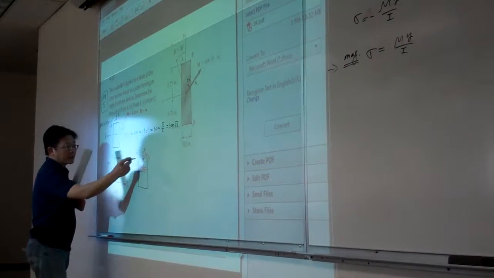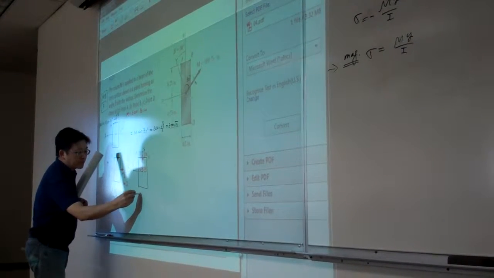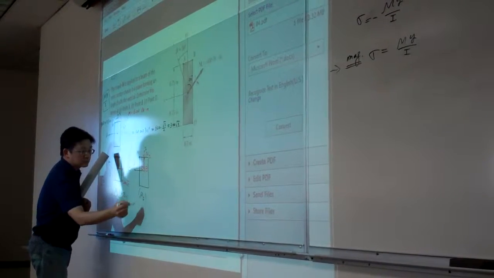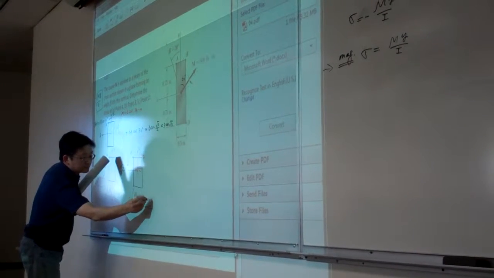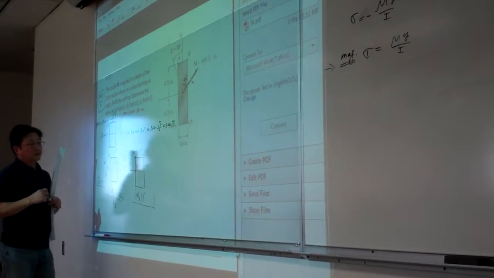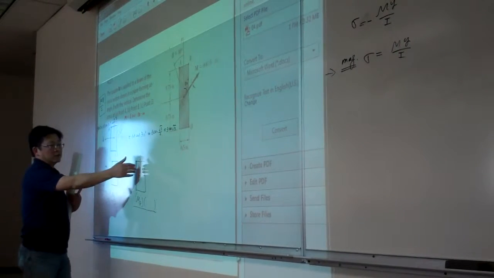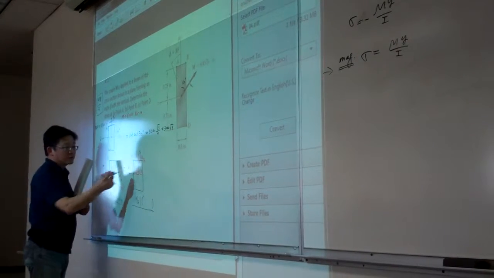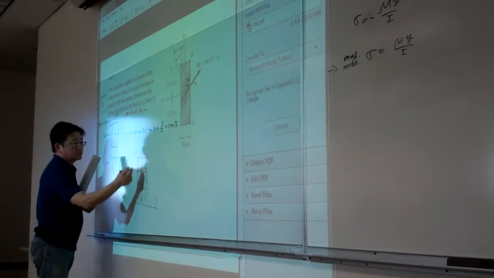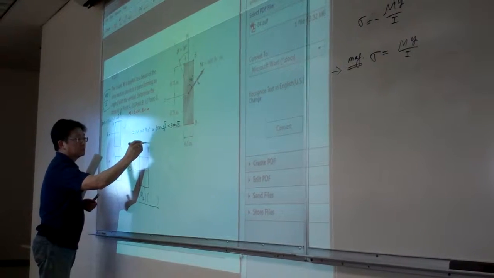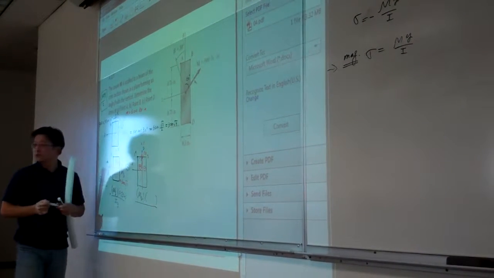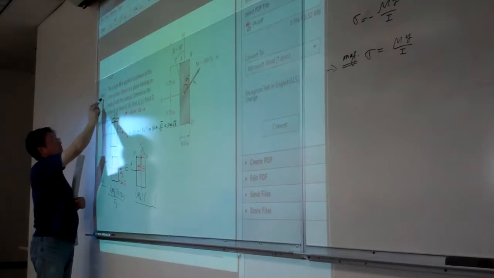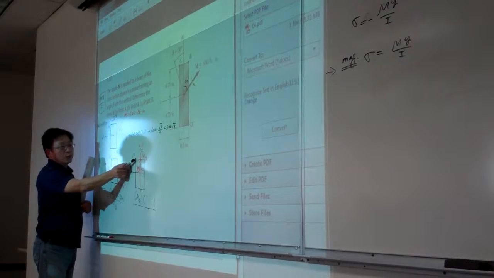And now for this one, A is here. Again, we plug into that formula. M, right now, M is the My. And the distance. So now for this case, what is the neutral axis? The neutral axis is about which the bending is applied. So now the neutral axis is y-axis. Neutral axis is y-axis. Okay, and now the y represents the distance between the point to the neutral axis.